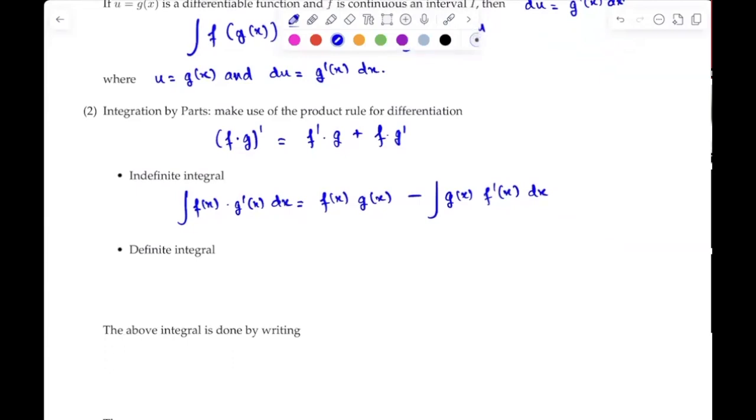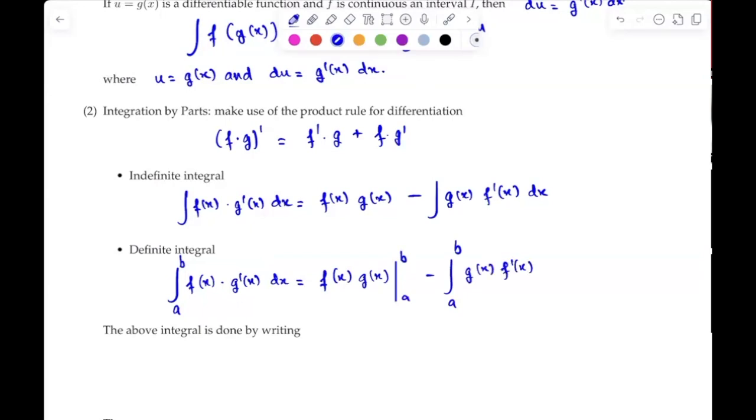That's the formula for the indefinite integral, meaning you don't have limits of integration. For the definite integral, you have limits of integration going from a to b of f of x times g prime of x dx. This is f of x times g of x evaluated at a and b, minus the integral from a to b of g of x times f prime of x dx.